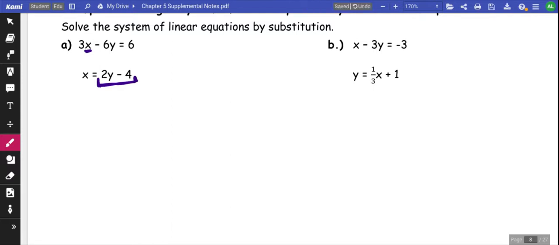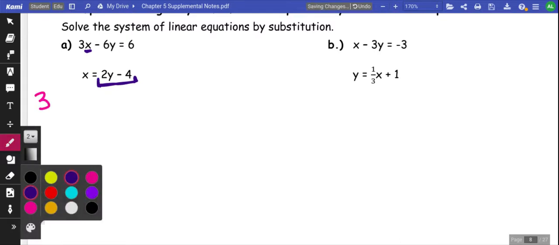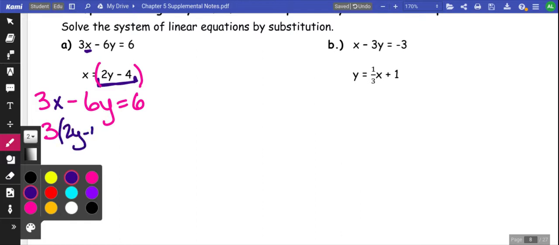So when I have 3x minus 6y is equal to 6. Okay, cool. I'm going to replace that with 3. Now I know that x is equal to 2y minus 4, so I'm going to plug that in because I know that's the same thing as x, 2y minus 4.